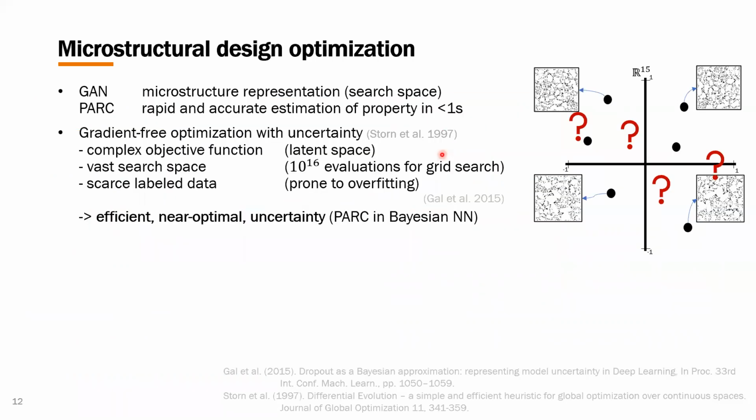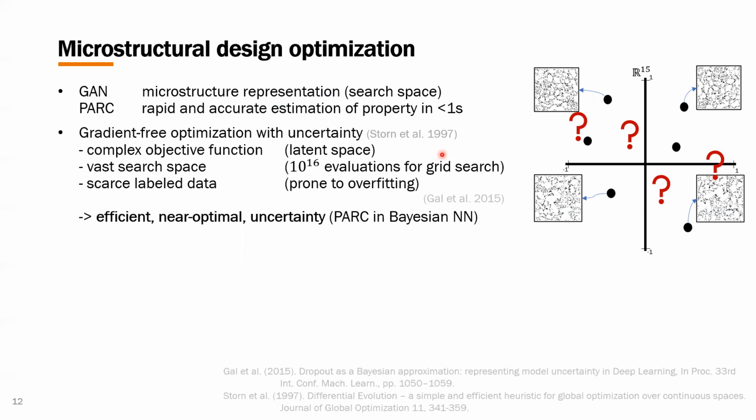We employed a gradient-free optimization for the following reasons. Because the objective function of the latent search space is very complex and expensive, we need an efficient optimization method, as the search space is very vast, as it would require over 10 to the 16 evaluations for a grid search method.